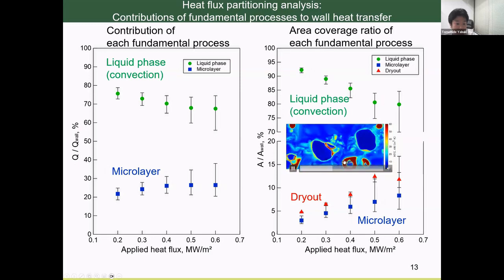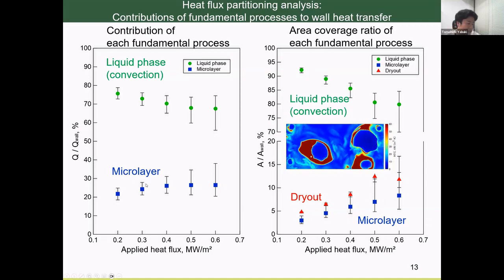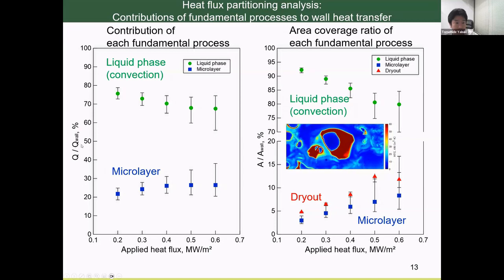The microlayer region shows the highest heat transfer coefficient and also highest heat flux. However, because of its small area coverage ratio, its contribution is small, less than 30%. On the other hand, the convection region, having the largest area coverage ratio, shows the largest contribution to overall wall heat transfer.